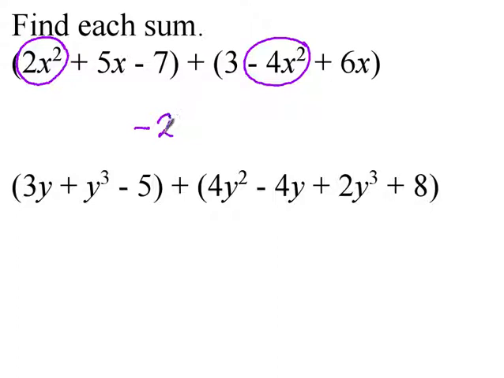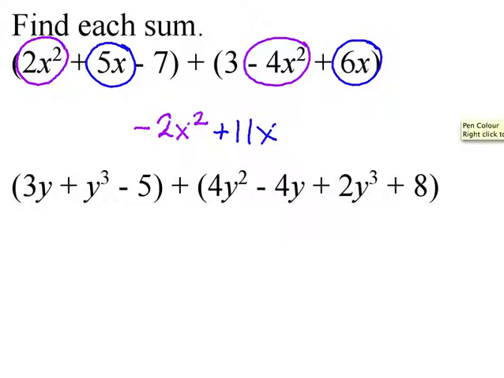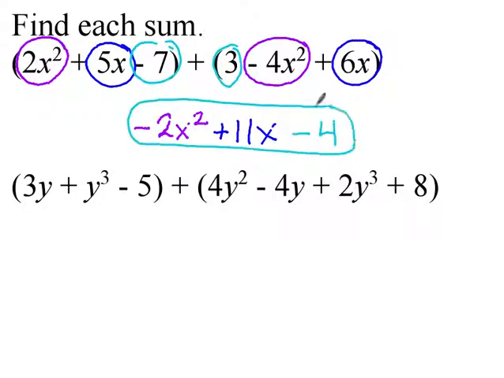Negative 2x squared. Now I'm going to see if I've got another pair. 5x and 6x, which gives me 11x. Then I look to see if I have anything else that's alike. Negative 7 and 3, which gives me negative 4. That's all you're doing. You're just adding like terms.